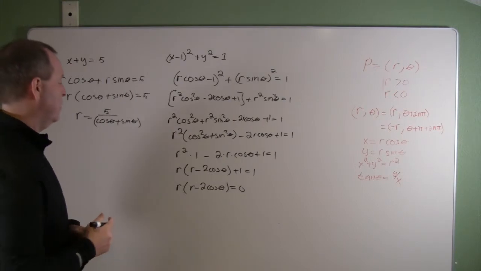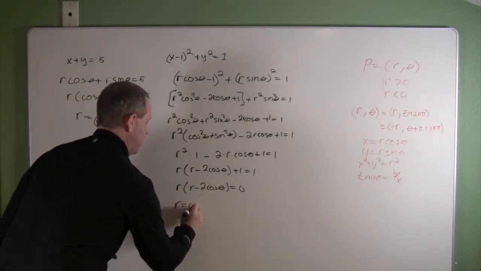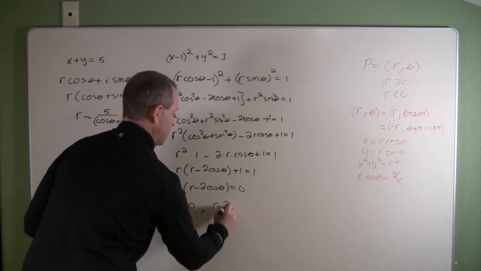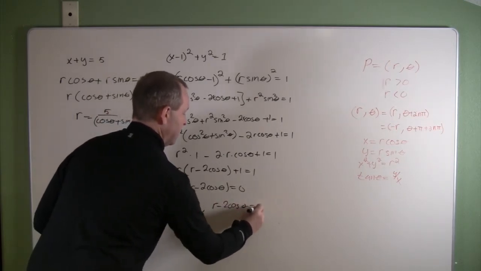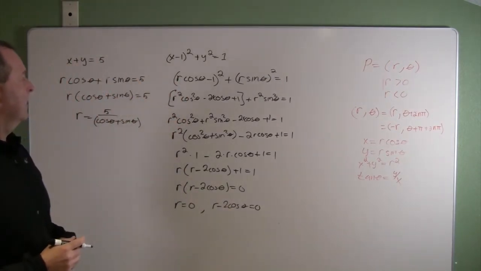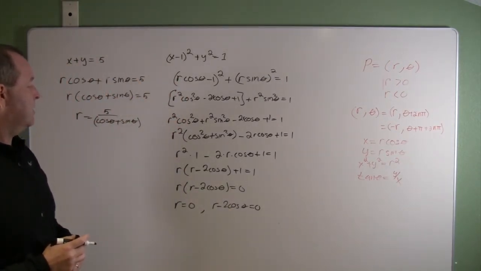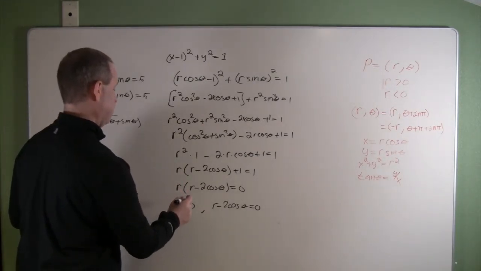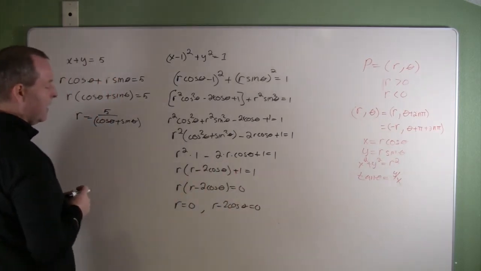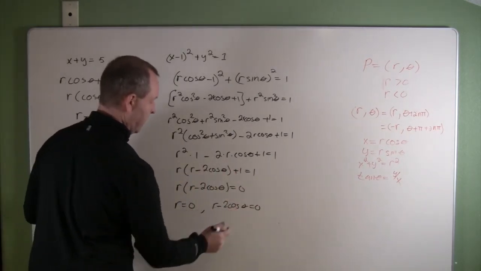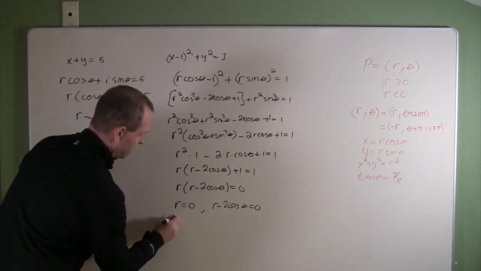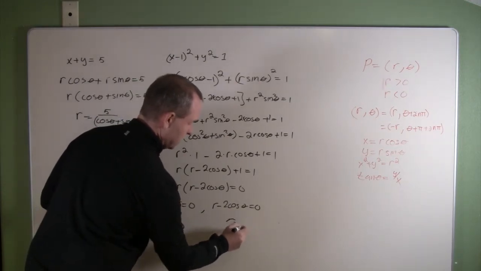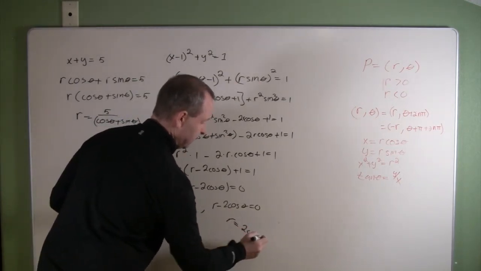And so I know that is true when r equals 0, or when r minus 2 cosine theta equals 0. Solving this for r, r equals 0 is one case, and the other is true when r equals 2 cosine theta.